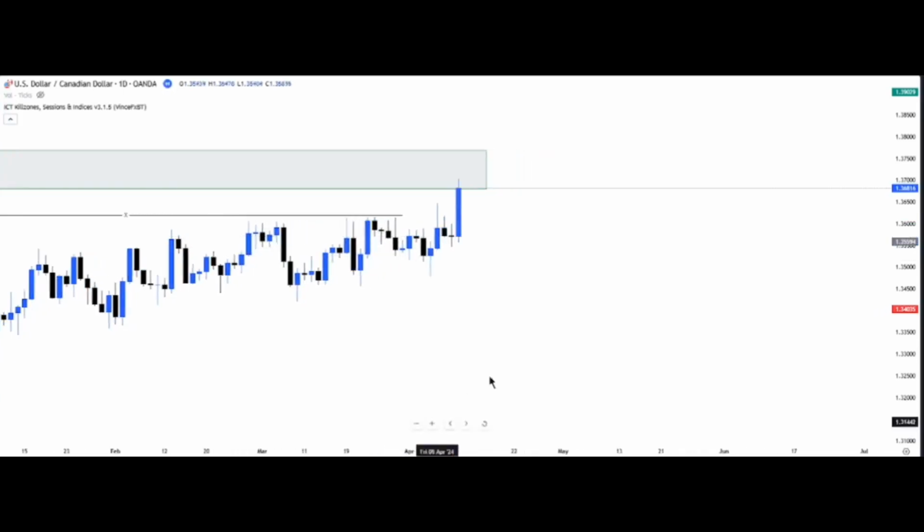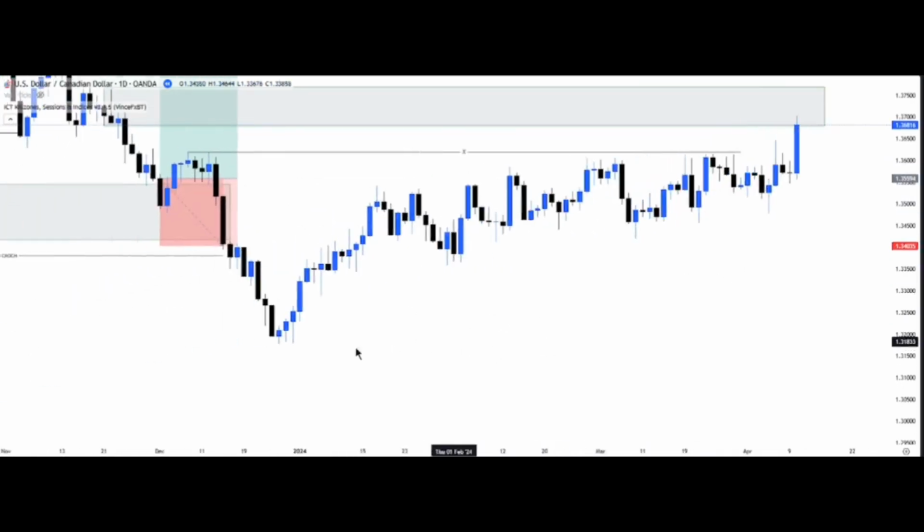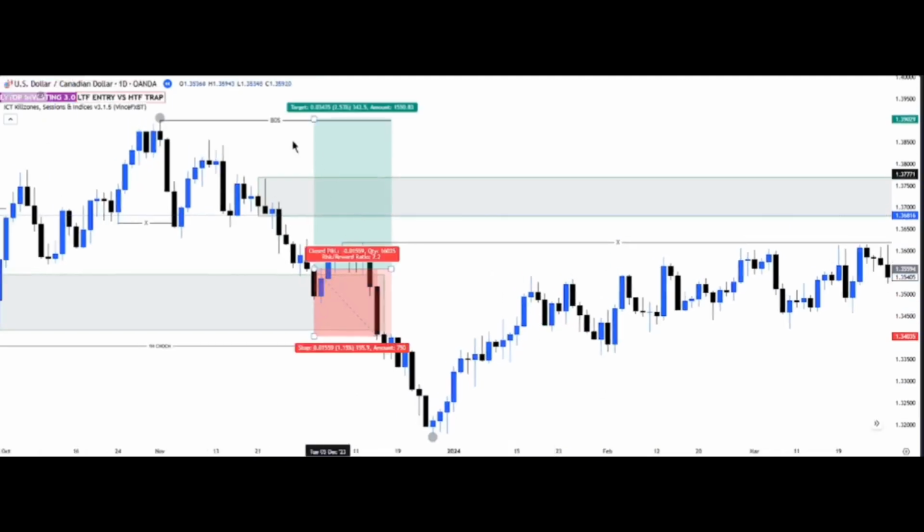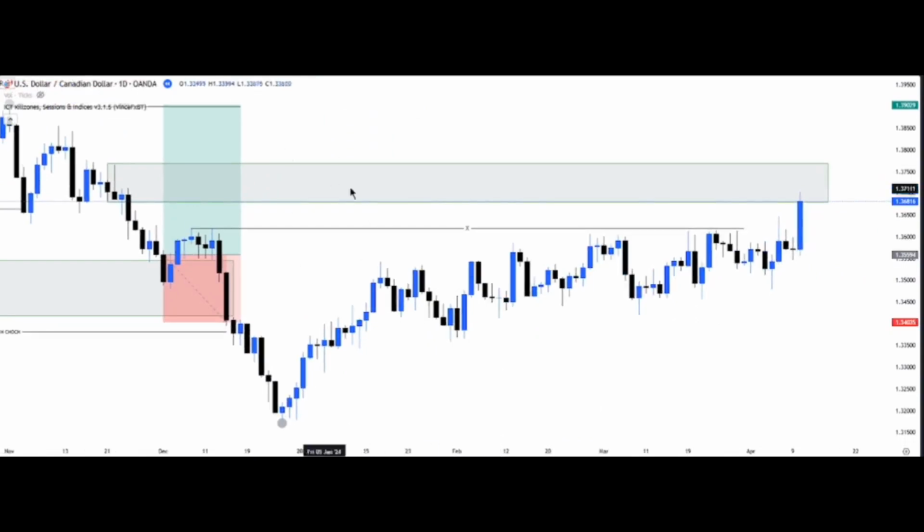Okay, so look at what has happened here. Price took out our inducement to confirm this low. So this low now is major structure low. And now after that low, so where is our trading range now? This is our high and this is our low. Okay, so this is within our trading range.